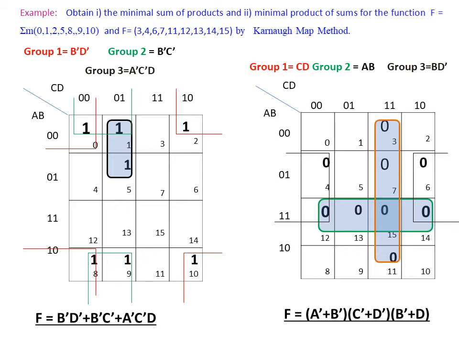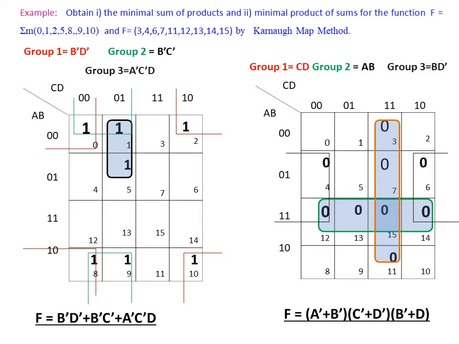So there is a 4 cell grouping and a 4 corner grouping also. The expression for the red cell is B bar D bar, and that green cell is B bar C bar, and that black color grouping is A. The common between these two is A bar C bar D. So we write all the expressions together to get the simplified one. So this is the way to find the SOP reduced expressions.